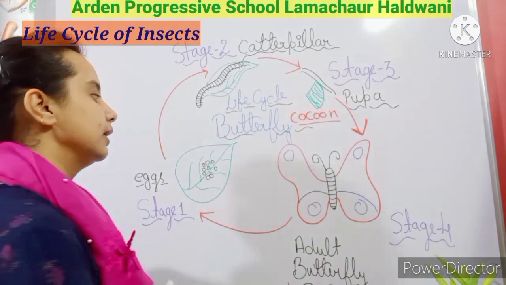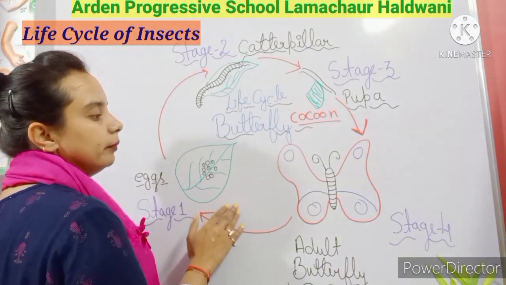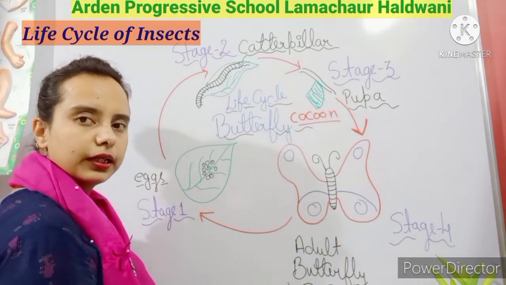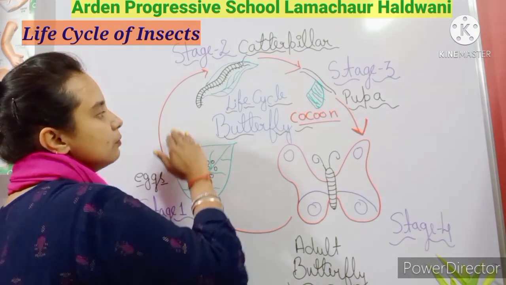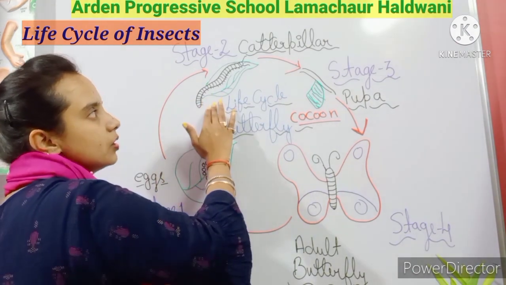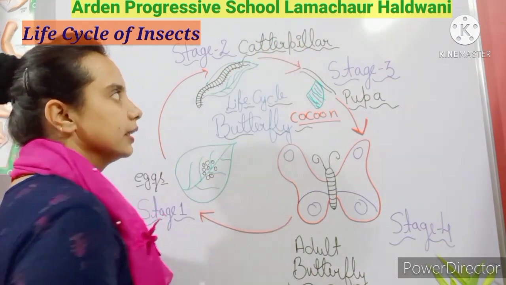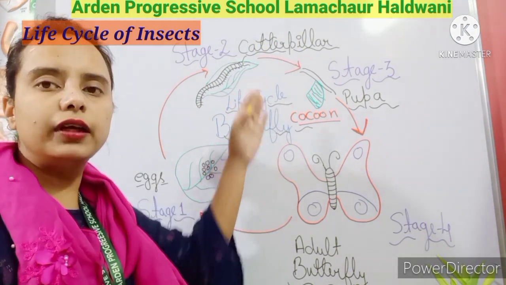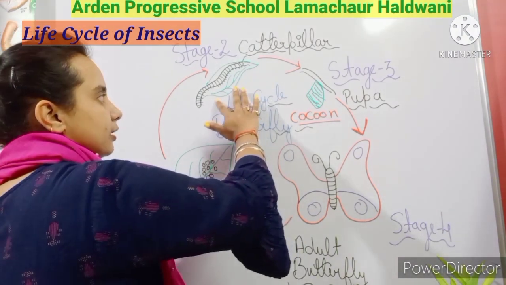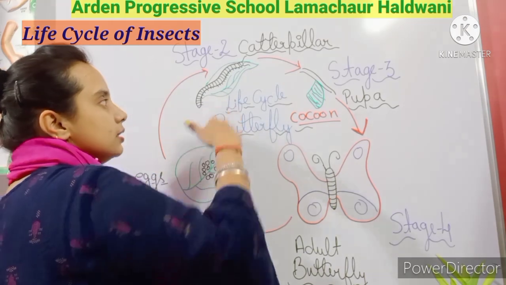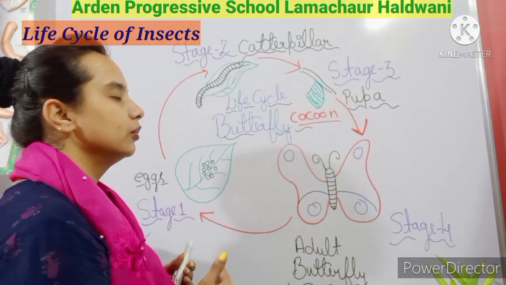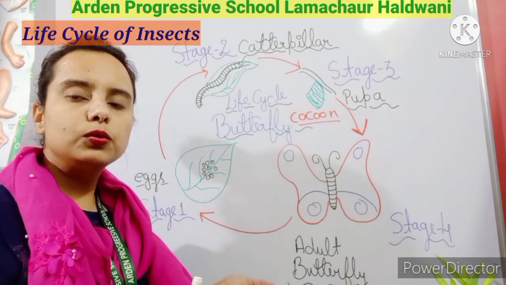So let's see it again. When the female butterfly lays eggs on the leaves, after a few days or within a week, small worms come out from these eggs. These small worms are known as caterpillars. The caterpillar is the larva of a butterfly. Then this caterpillar eats the leaves and develops further for about 2 to 3 weeks.